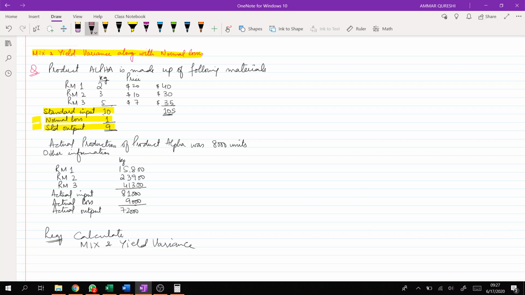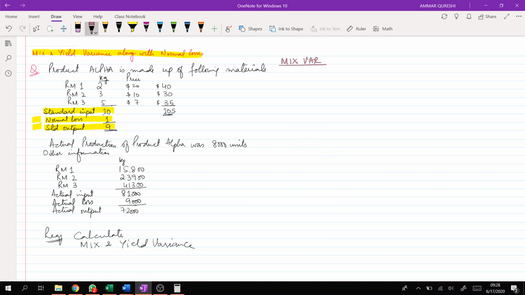See, first of all we have to calculate the mix variance, right? Now for mix variance the first thing which we have to calculate is the standard percentage of input, right?